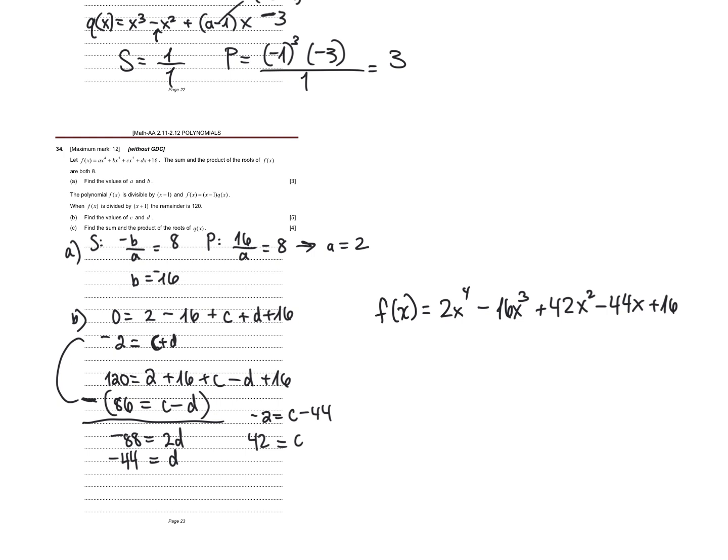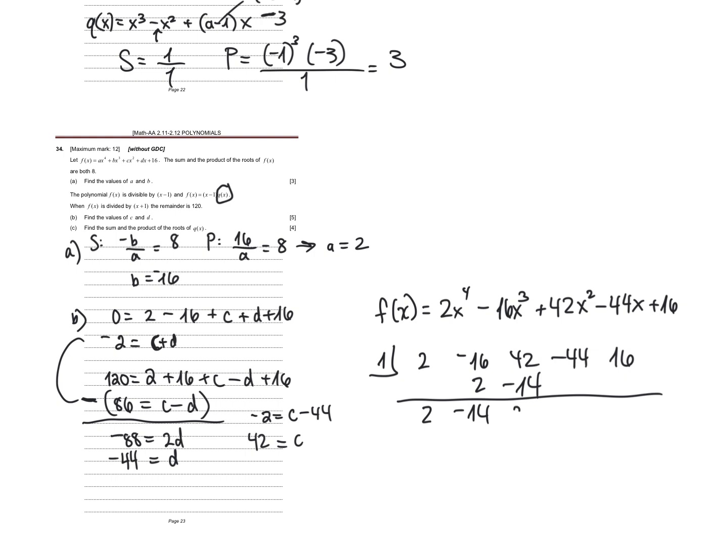And we need to divide this by x minus 1 because q of x is here. So I'm going to do synthetic division. 1, 2, negative 16, 42, negative 44, 16, 2, negative 14, negative 14, 28, and 28, and negative 16, and negative 16, 0.